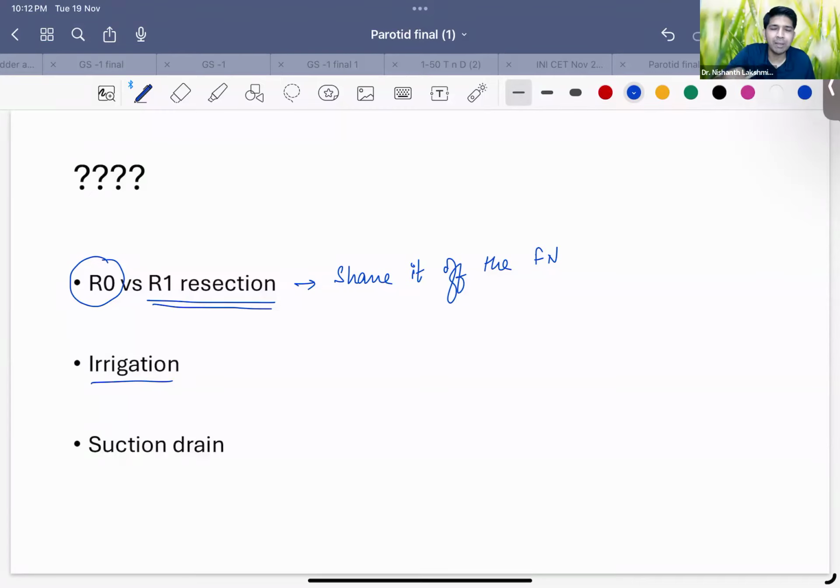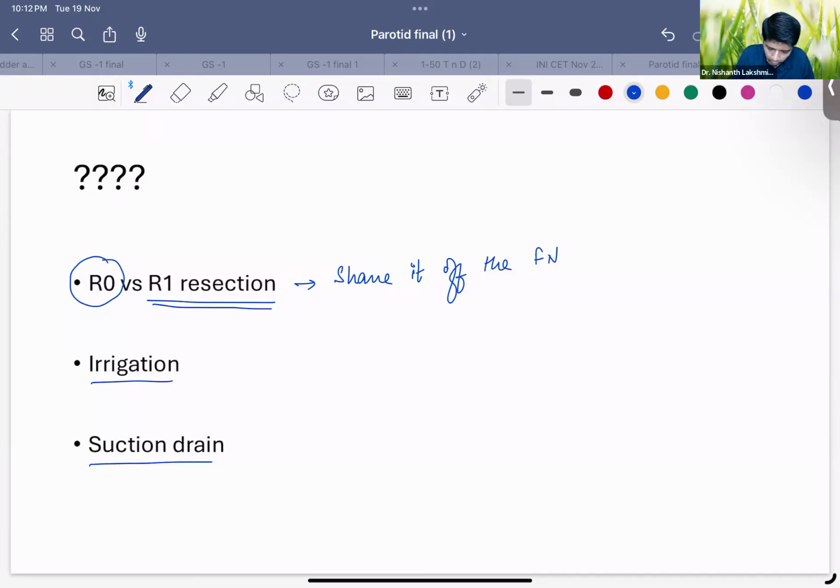Tumor cells will not come out. Tumor seeding can happen. So again, based on various literature and what I spoke to three different head and neck surgeons, it is still controversial. Few people say you can do it, few people say it is not, but there is no conclusive proof that it either helps or is detrimental to the patient.